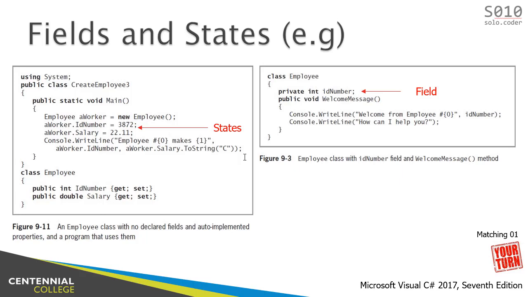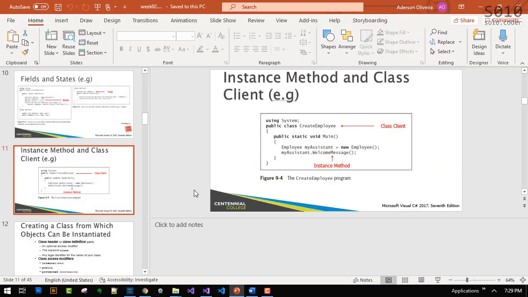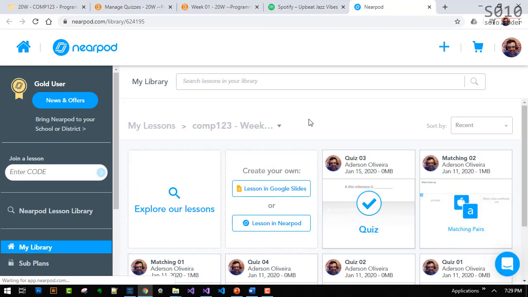Let's do that matching. This matching exercise is just about matching the keywords to the definition. If you want to take a screenshot of this matching exercise, I would suggest you do that. Can you open Nearpod?